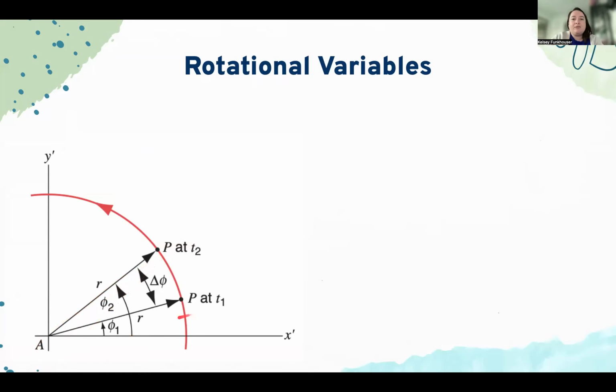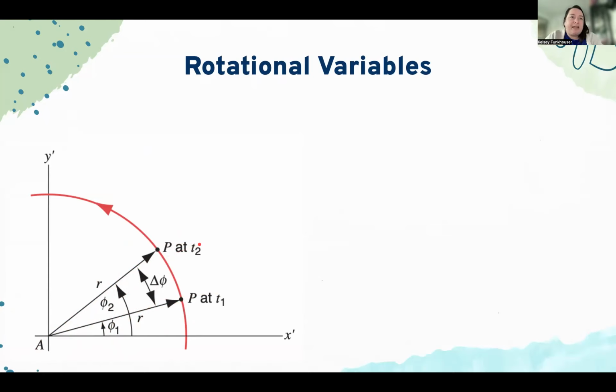It would just be too much on your screen to have the actual physical form there. Anyway, we have two different positions of our object at time 1 and at time 2. And individually, the positions are given by the angles phi1 for time 1 and phi2 for time 2.